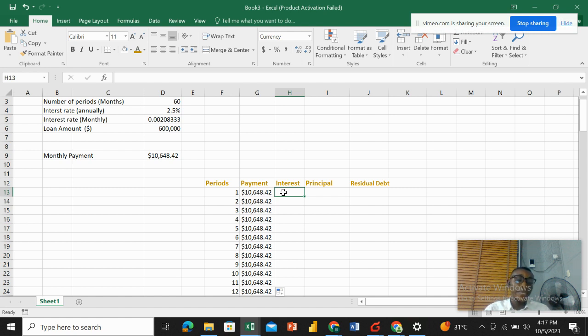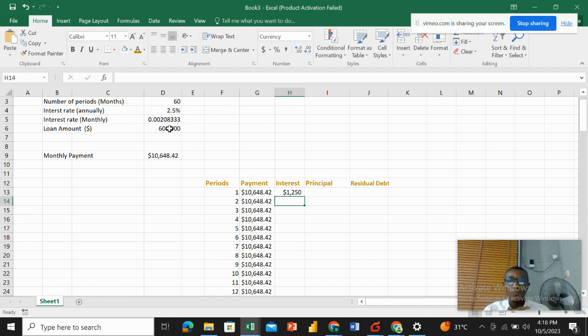We've not paid any previous interest, so we are going to charge our interest directly on our loan amount. This is our interest for the first month times our loan amount.